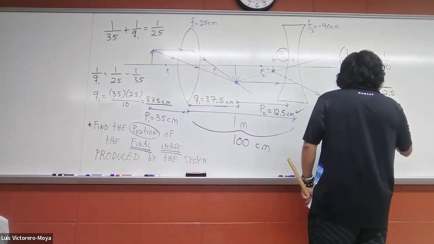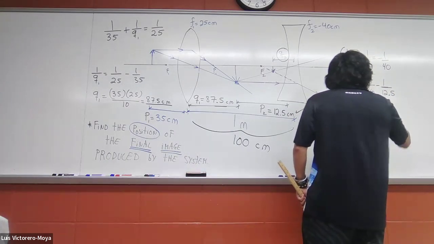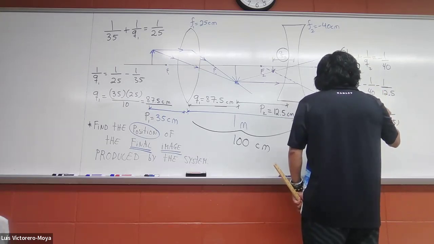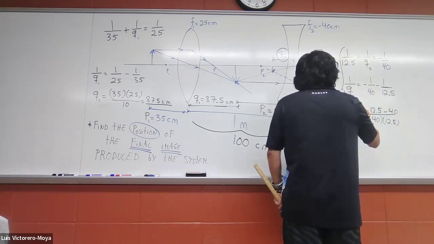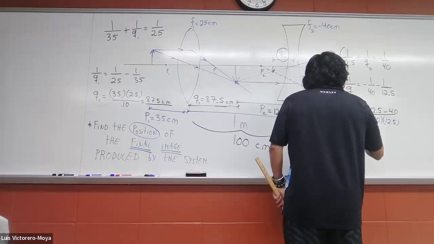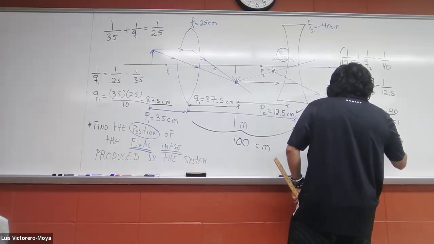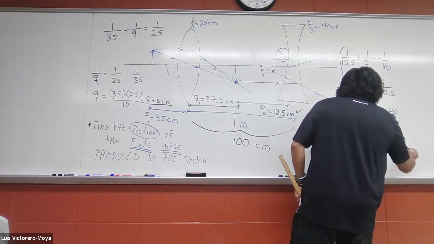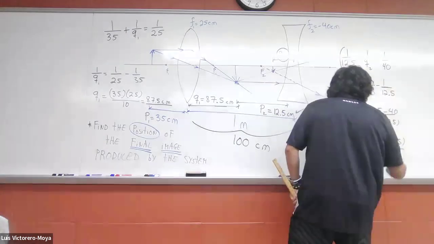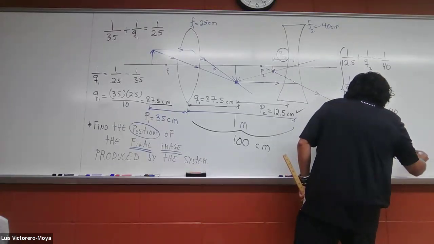The common denominator is 40 times 12.5, but there's a negative: minus 12.5 minus 40. That's 1 over Q2. So Q2 is 40 times 12.5 divided by minus 12.5 minus 40, minus 52.5.